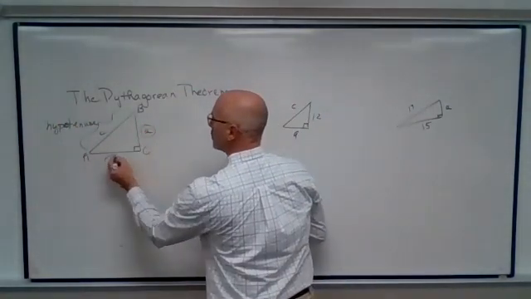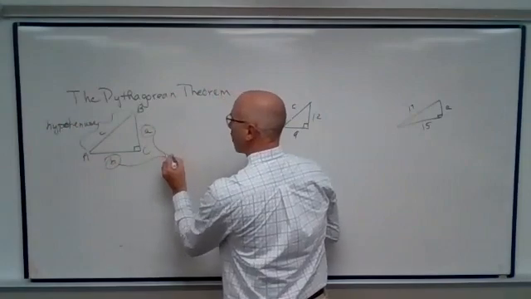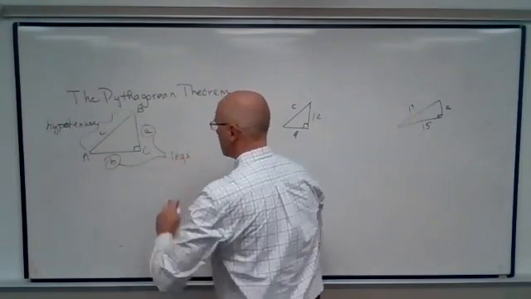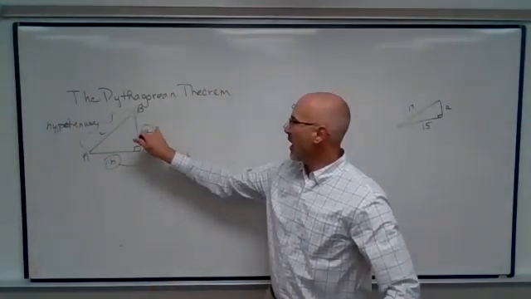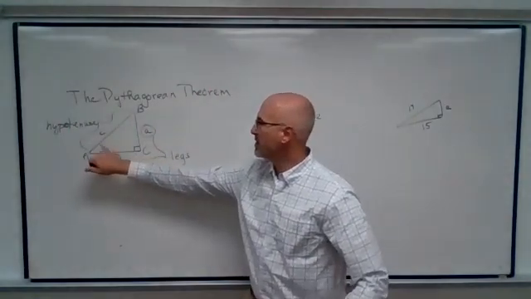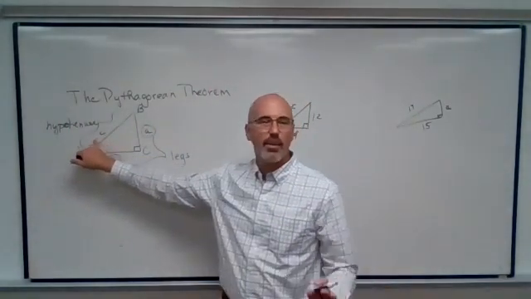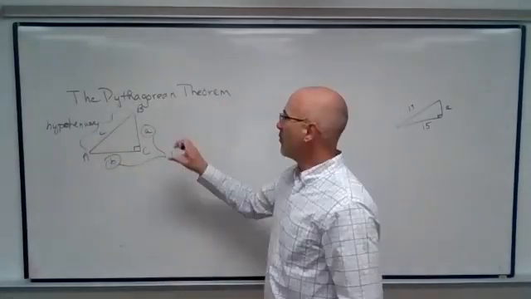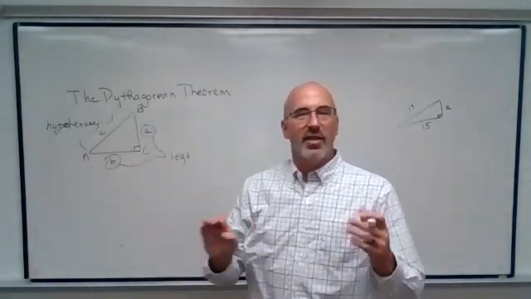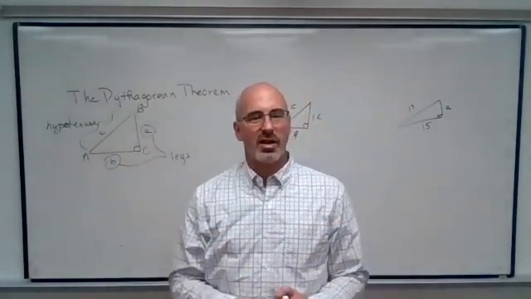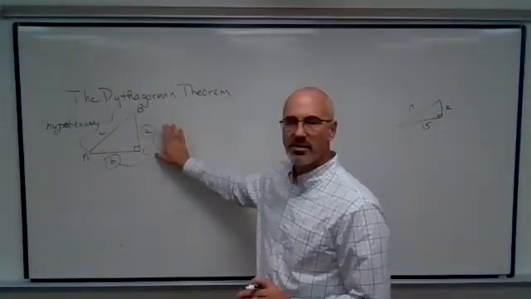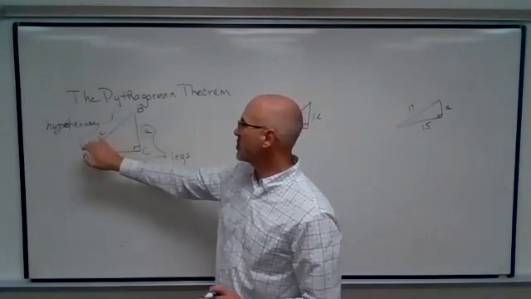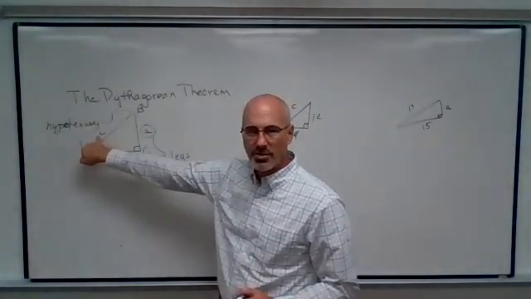The other two are called legs. Okay, so A and B are called legs, C is called the hypotenuse. So the theorem states in any right triangle, the sum of the squares of the lengths of the two legs is equal to the square of the hypotenuse.